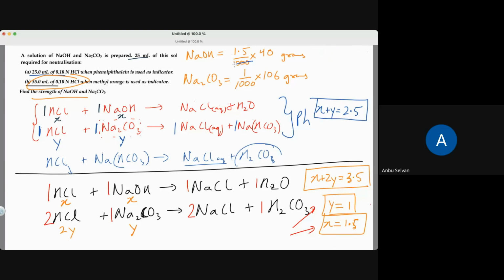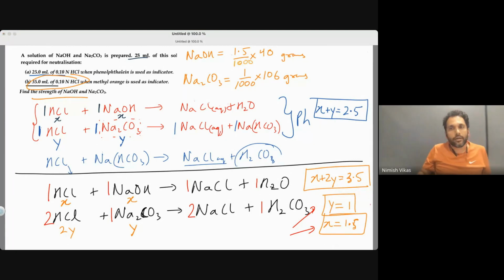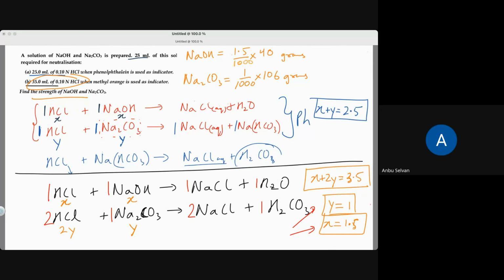Sir, why are we adding less HCl when phenolphthalein is used? I did not get the question. When phenolphthalein is used as indicator, we're adding only 1 mole of HCl, right?